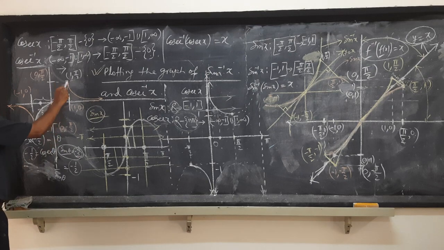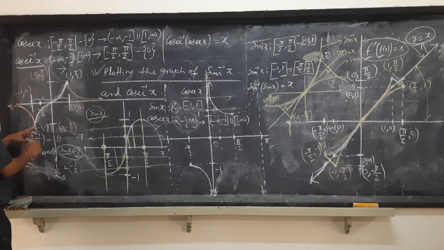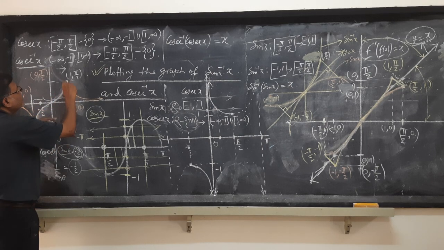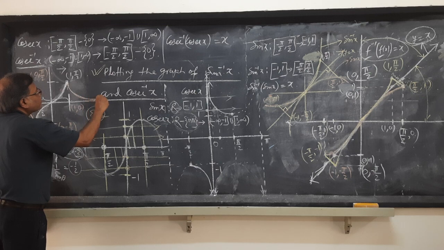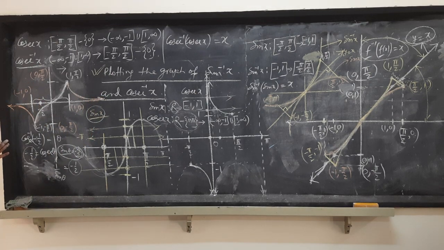So if we plot the sine inverse curve over here, then what you do is you cut this part and take the reflection of this one over here. I hope the point is clear.